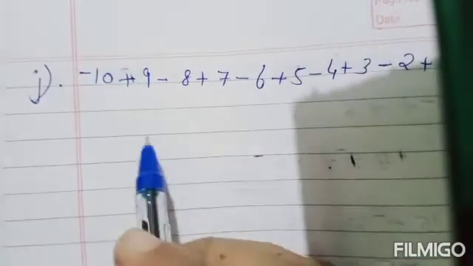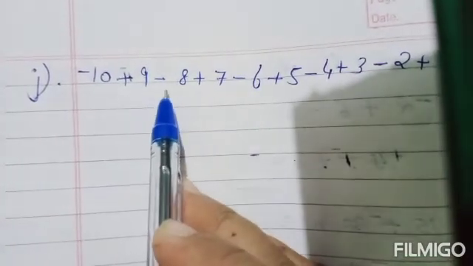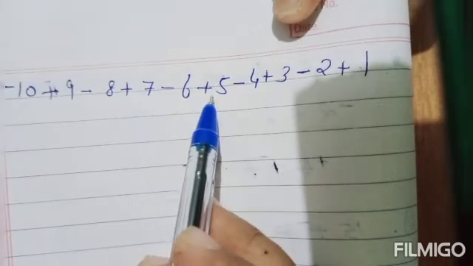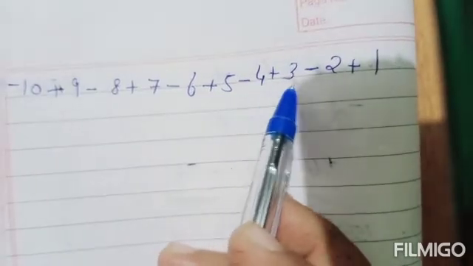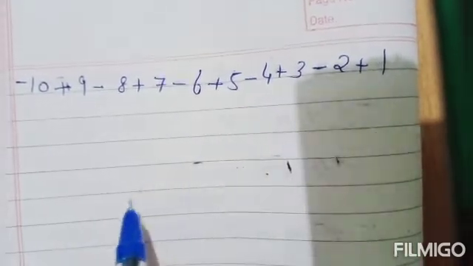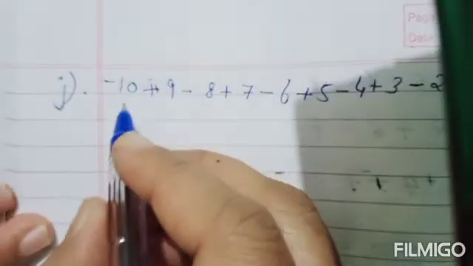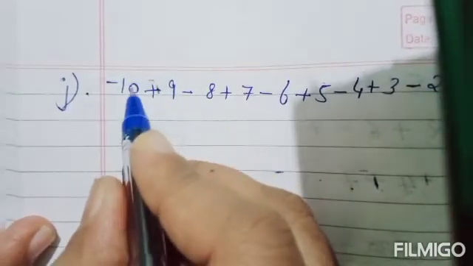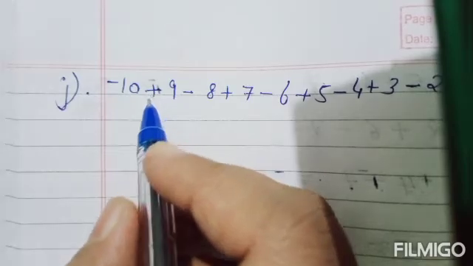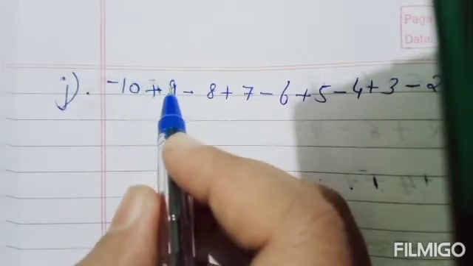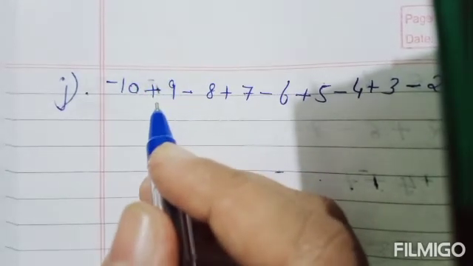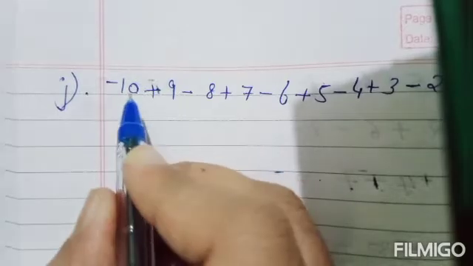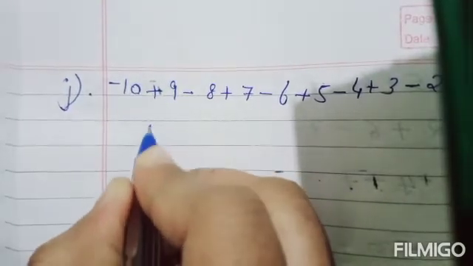Next, minus 10 plus 9 minus 8 plus 7 minus 6 plus 5 minus 4 plus 3 minus 2 plus 1. Okay, so first let us take minus 10 plus 9. What will you get? Addition of a negative integer and a positive integer. So first you have to subtract the numbers. 10 minus 9 you will get 1.